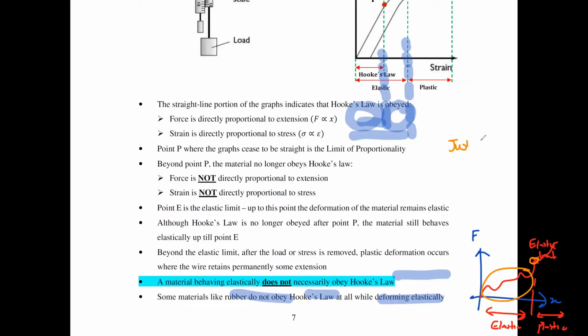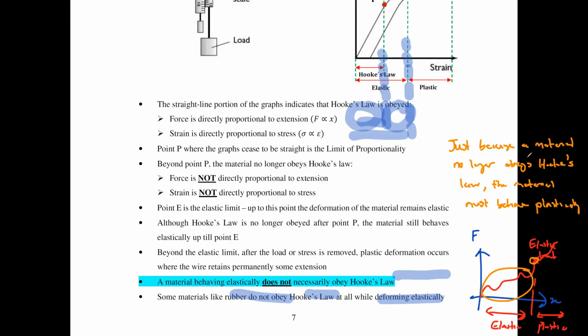All right, just because a material no longer obeys Hooke's law, it does not mean the material must behave plastically.